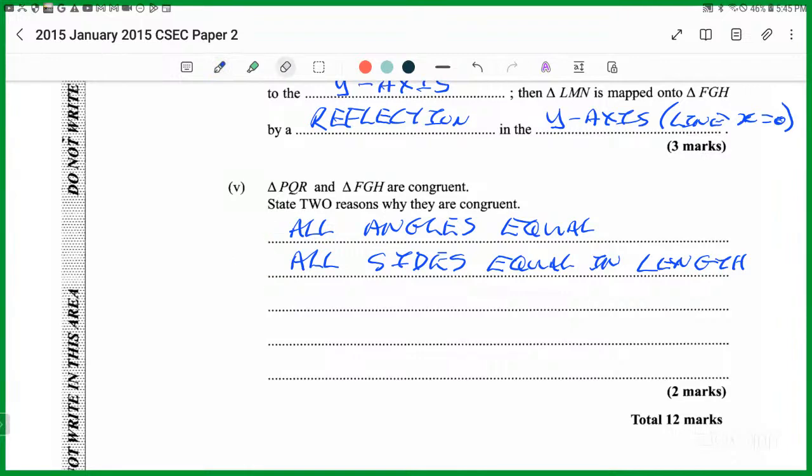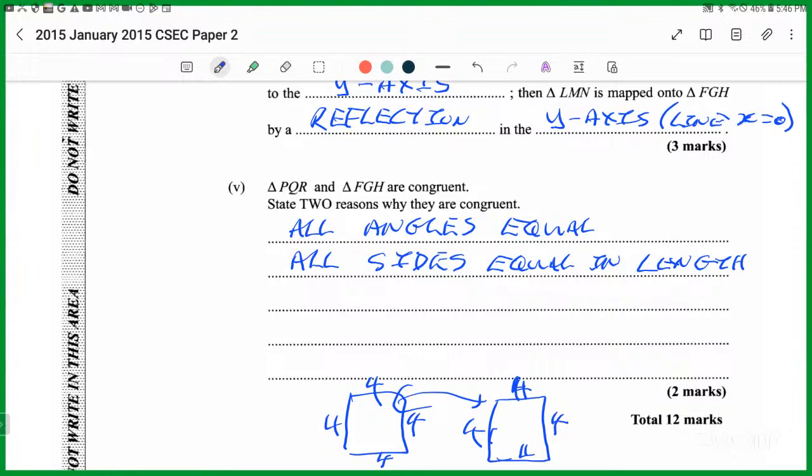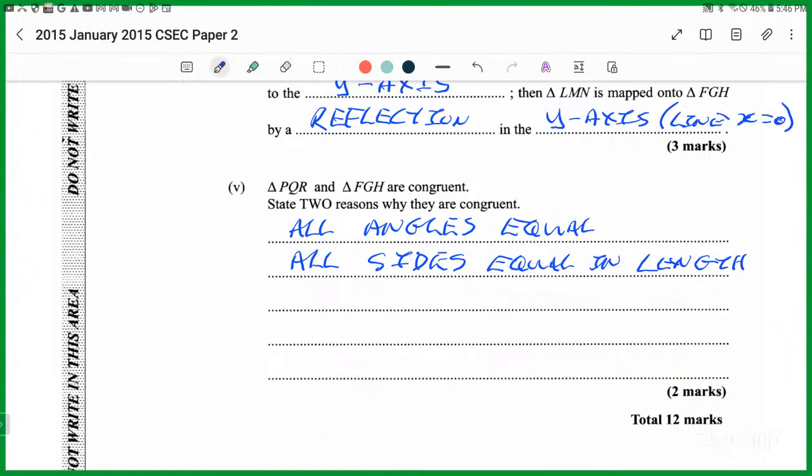And remember, not only triangles can be congruent, you have congruent shapes. If you have a square and another square, and they have the same sides, 4, 4, 4, 4, and this is 4, 4, 4, 4, then these are congruent squares. All the dimensions are the same.